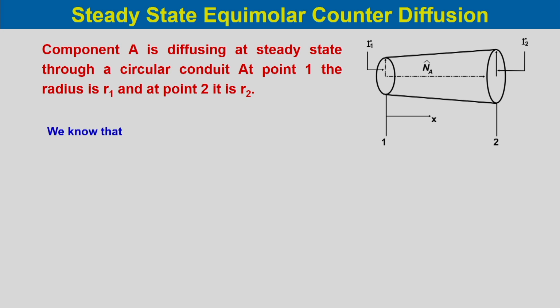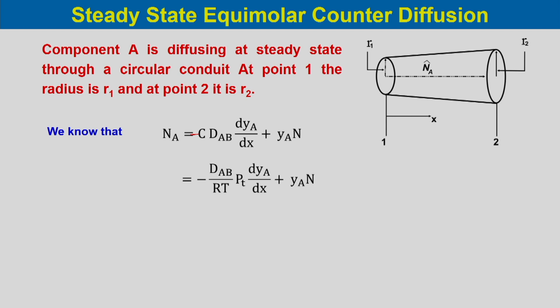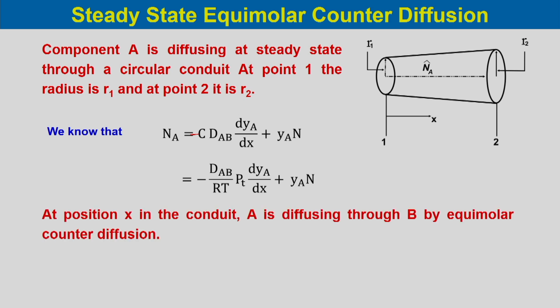So, we know that NA is equal to minus C DAB dyA/dx plus yA N. Now, it would be minus DAB by RT into PT dyA/dx plus yA N. At position x in the conduit, A is diffusing through B by equimolar counter diffusion.